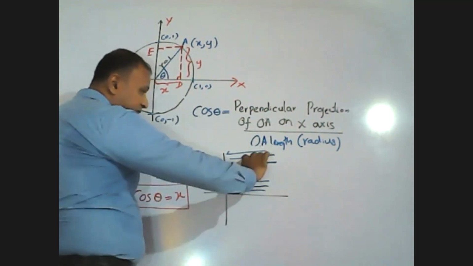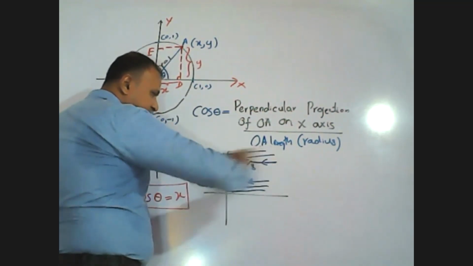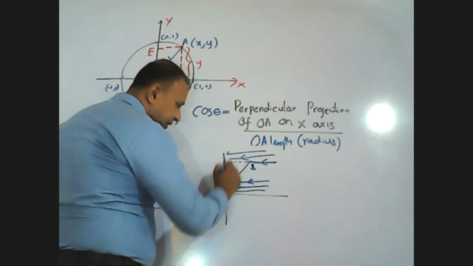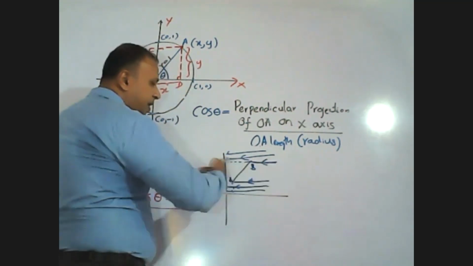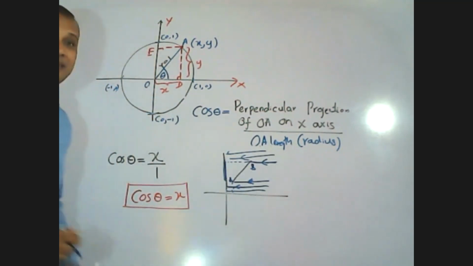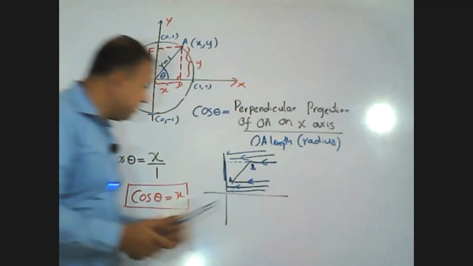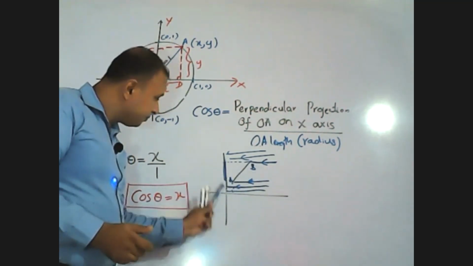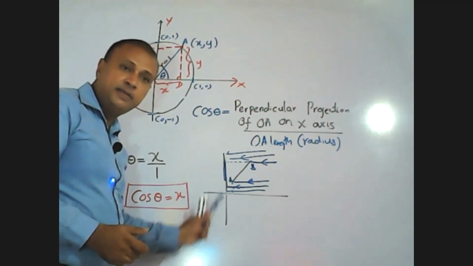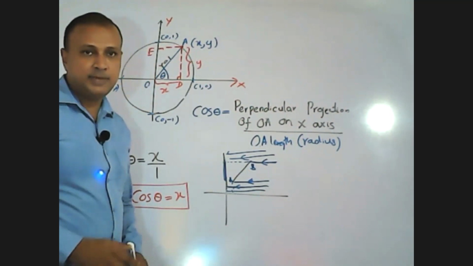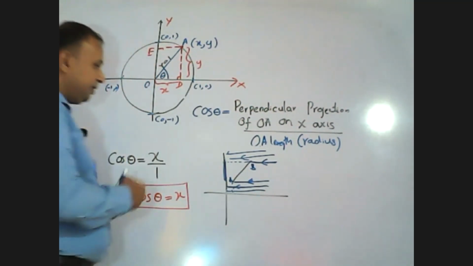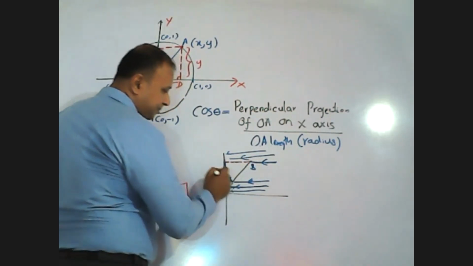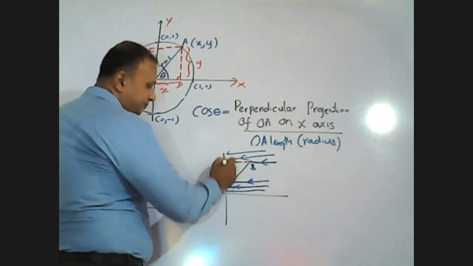But in between these two, light cannot pass through this rod. That means the shadow of this rod on the y-axis should be in between these two lines. That's why we draw two perpendiculars to identify the shadow.